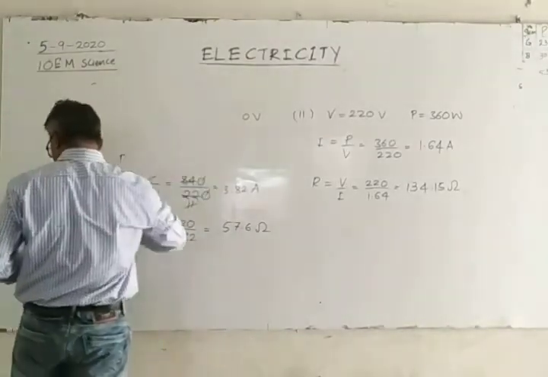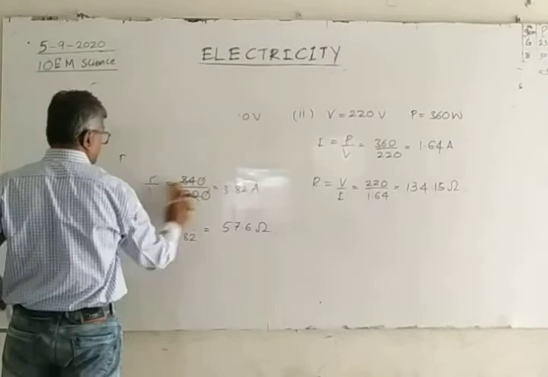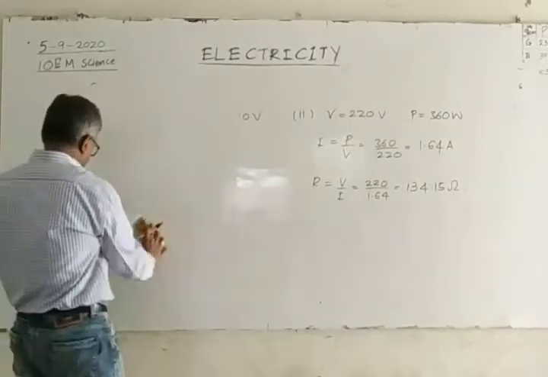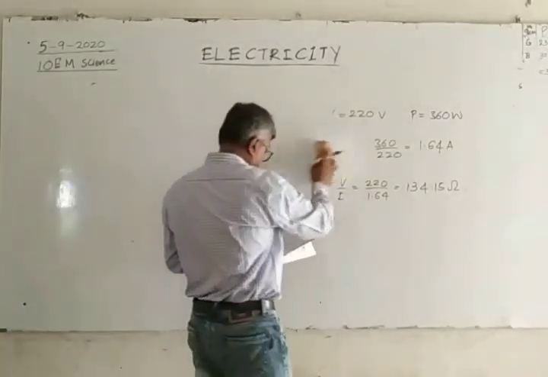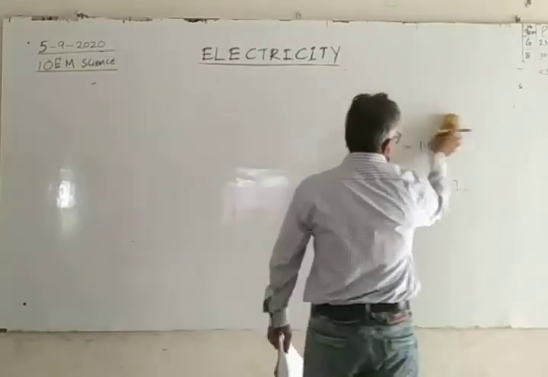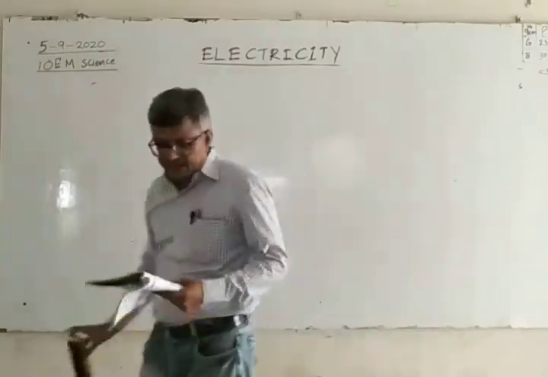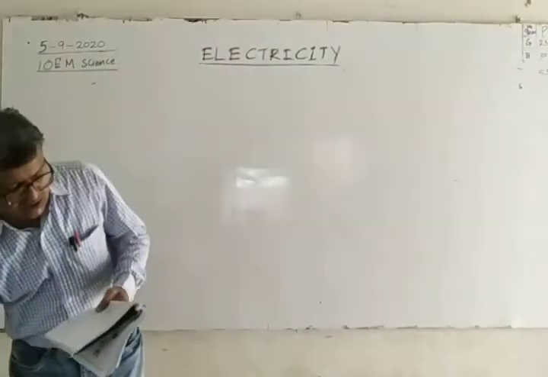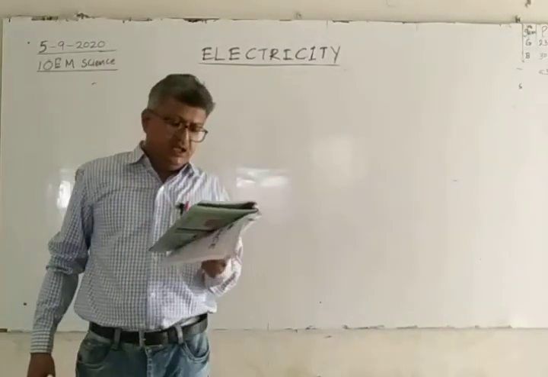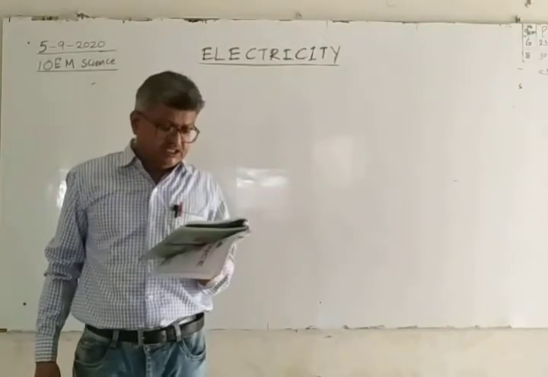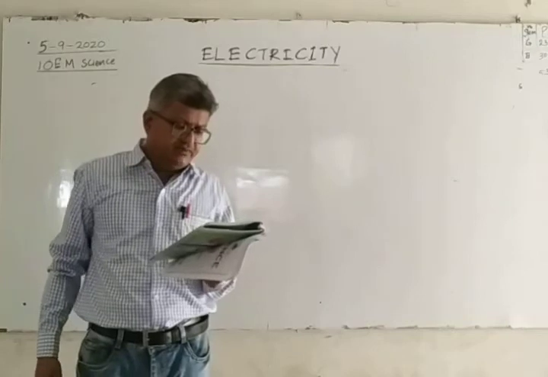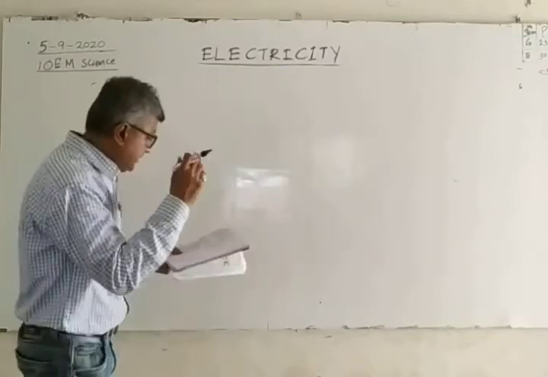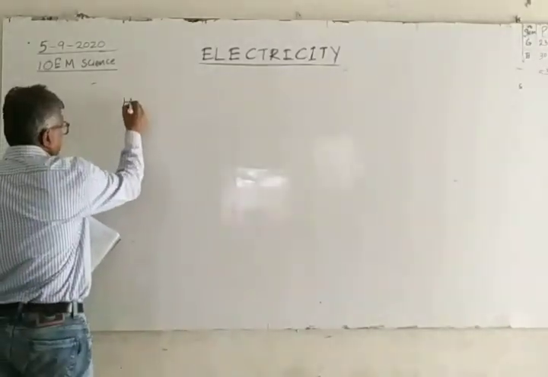Next, one more question. Second example. 100 joule of heat is produced each second in a 4 ohm resistance. Find the potential difference across the resistor. Here heat produced is given.